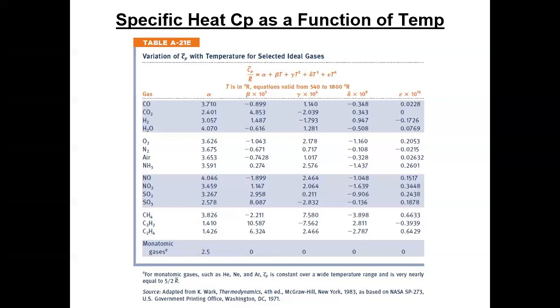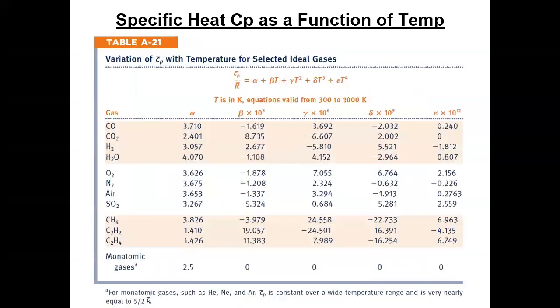So that's pretty easy. If you're trying to integrate CP dT from T1 to T2, you just have a polynomial expression with a bunch of constants on each term. So you have to do 1, 2, 3, 4, 5 terms, but it may be tedious, it's not very intellectually challenging.